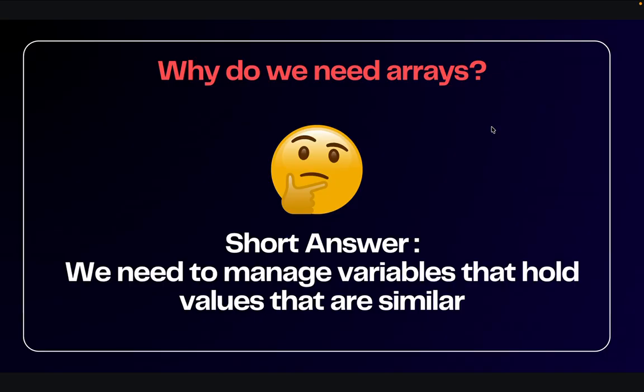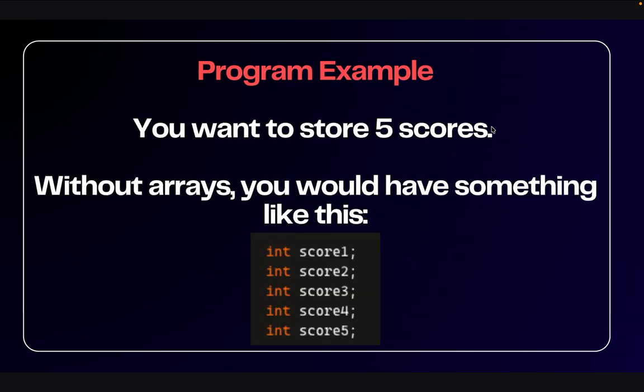So first, let's cover why do we need these arrays. As you continue to build your programs, you'll start to use a lot of different variables within your program, and they're going to hold values that are going to work inside of the program itself. So let's take this example.